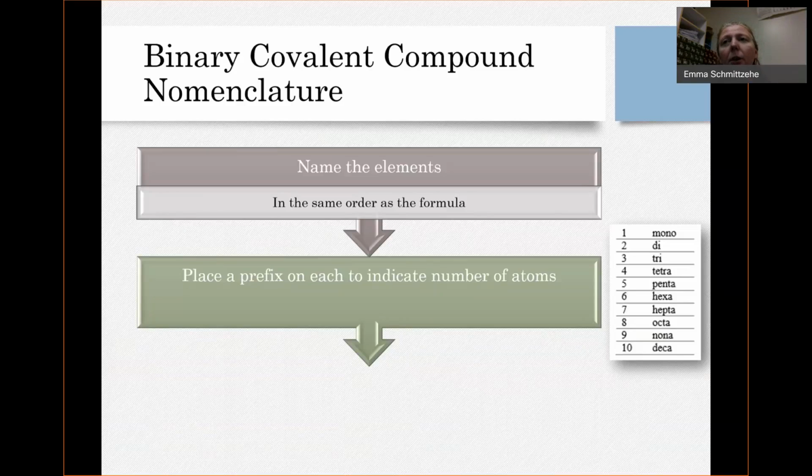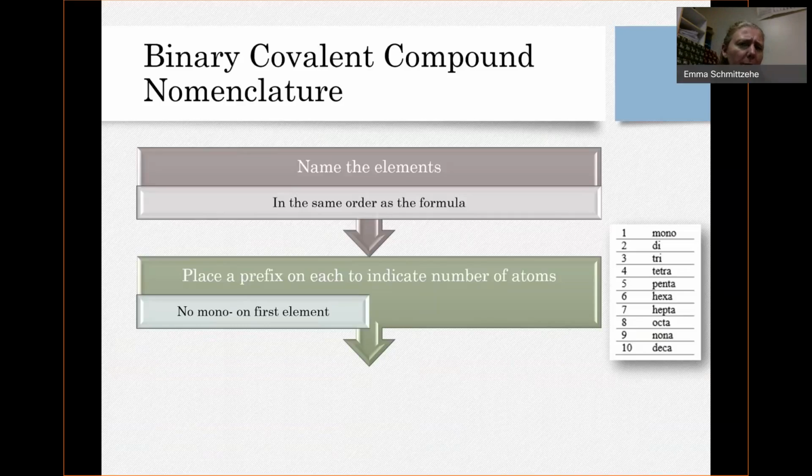Okay. There are a couple of changes to this. You don't place mono on the first element ever. So if you only have one of the first thing, you don't say mono of that. You see that in carbon monoxide, CO, it's carbon and oxygen. You don't say monocarbon.